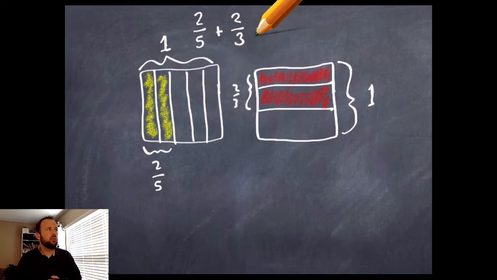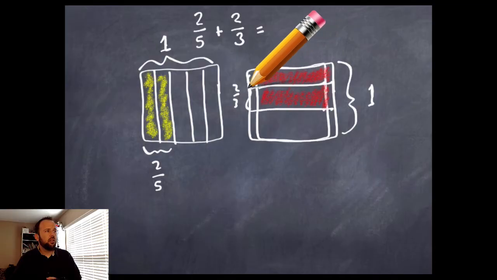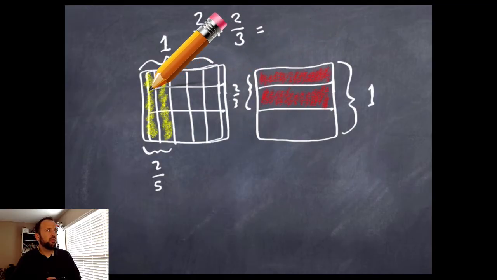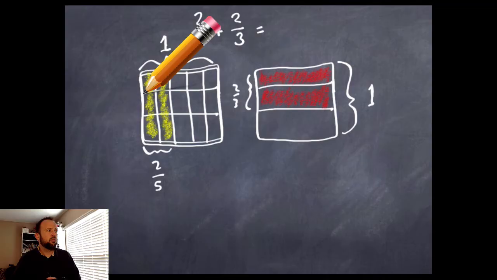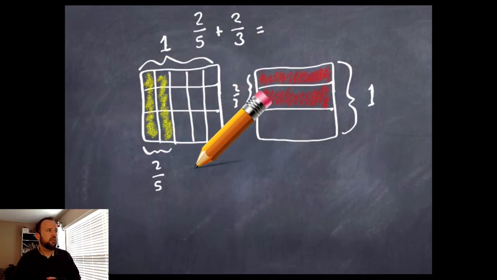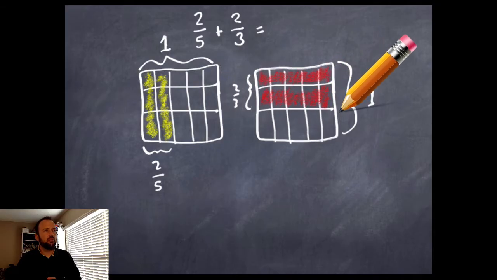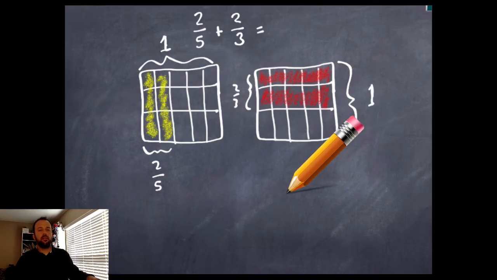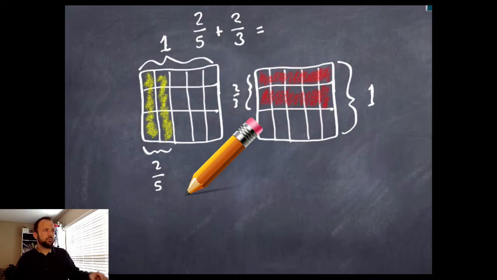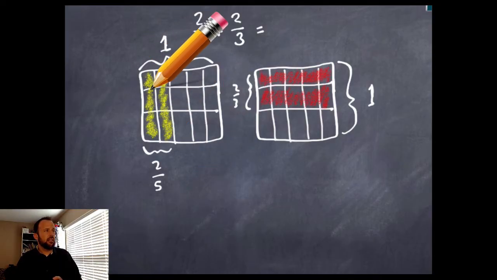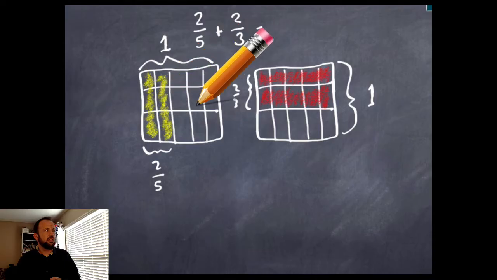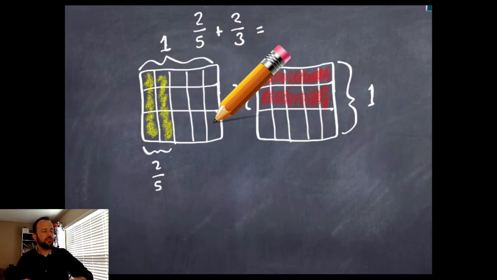Now if I take my thirds, bring them over to my fifths, and take my fifths and bring them over to my thirds, there we go. Excellent. Now if I count them up, 1, 2, 3, 4, 5, 6, 7, 8, 9, 10, 11, 12, 13, 14, 15.